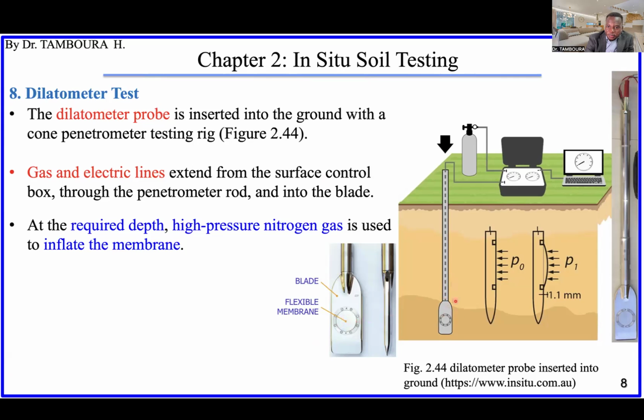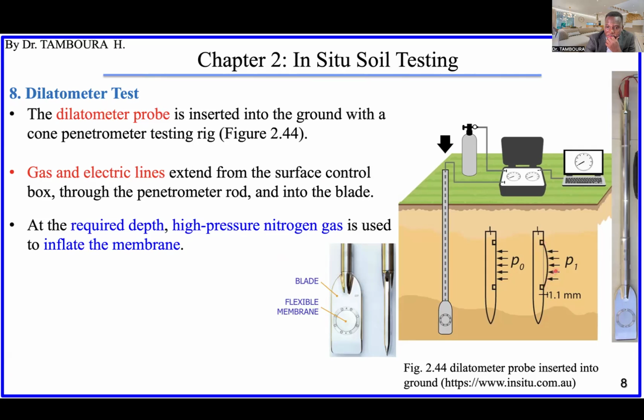As you can see, the schematic view is here, and this view is the same, the side view. You push and inflate the membrane, only this membrane. Can you see this part? This is when the membrane is inflated.